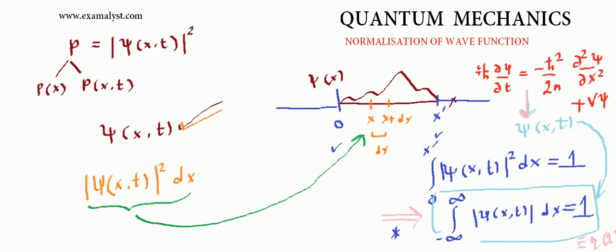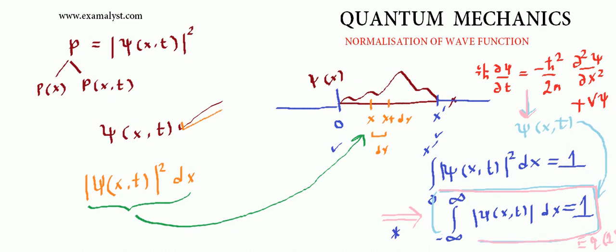Only when a particular wave function satisfies this can you say that you are dealing with a real thing. Or else, if it does not satisfy this equation, it means that you are not dealing with a real quantum system, because the total probability has to be 1. So any real quantum system must satisfy equation 1, and this is called the normalization condition.